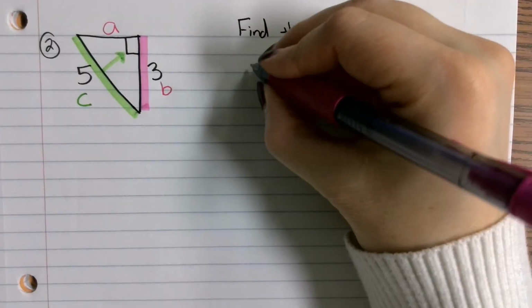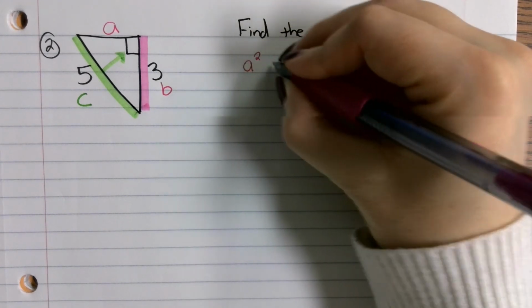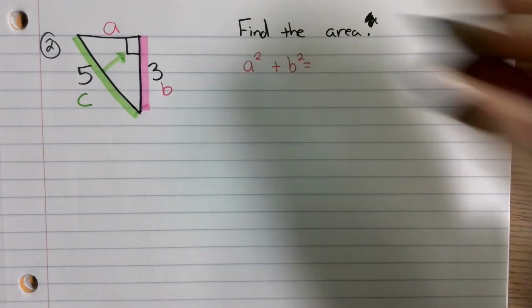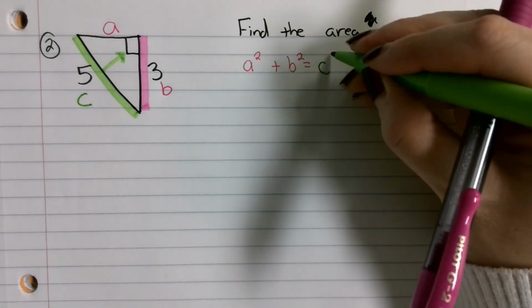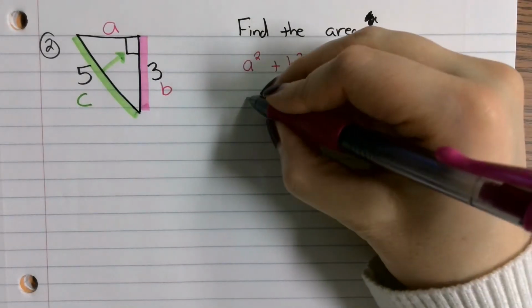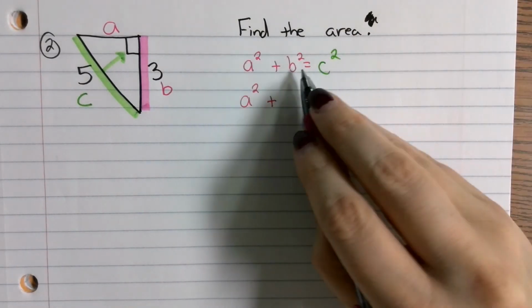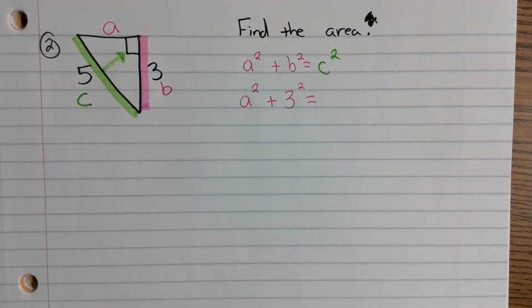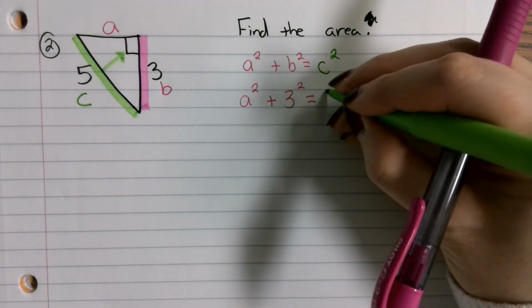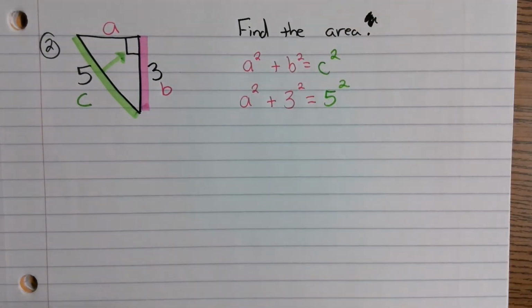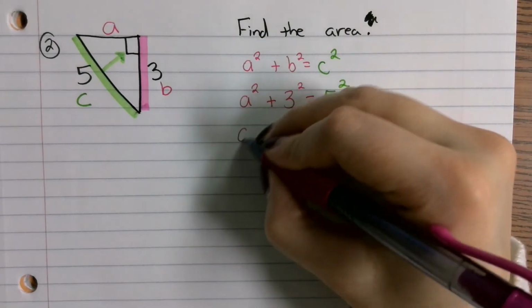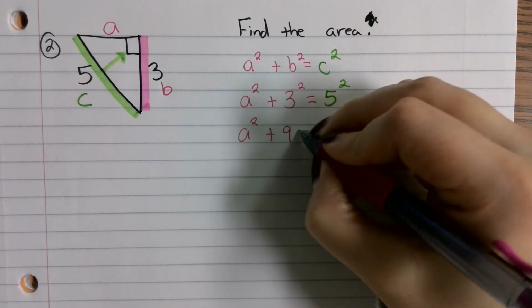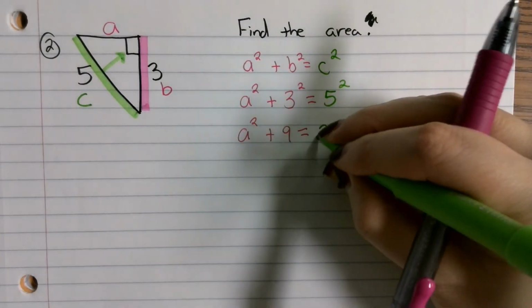Okay, so again, our formula: A squared plus B squared is equivalent to C squared. We don't know what A is, so we leave it as A squared. We replace the B with 3, so it becomes 3 squared. And we replace the C with 5, and it becomes 5 squared. What's 3 squared? 9. What's 5 squared? 25.